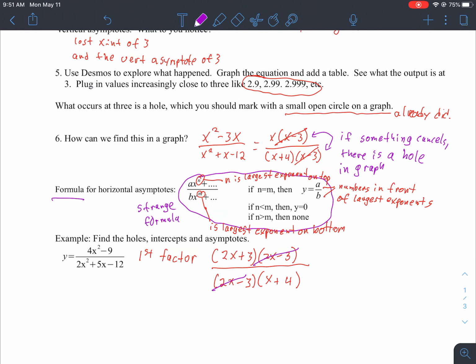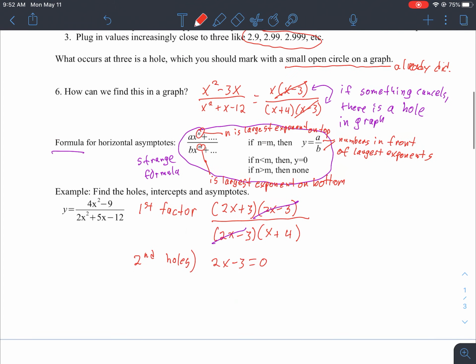Now I can cancel the 2x plus 3's. So the second thing you do is check for holes. There's holes if something cancels. There's a hole at whatever cancels, whatever makes that 0. Add 3 to both sides, you get 2x equals 3. Divide by 2, you get x equals 3 halves, or 1 and 1 half.